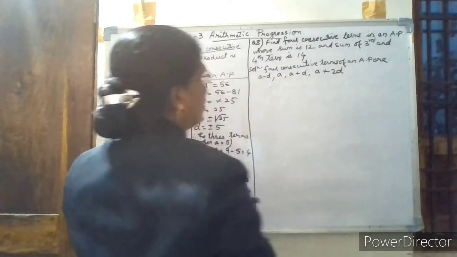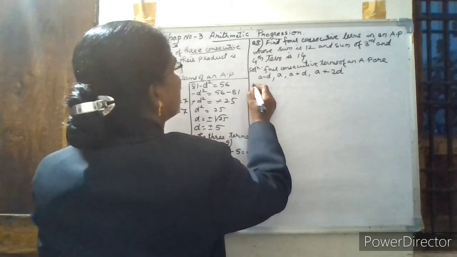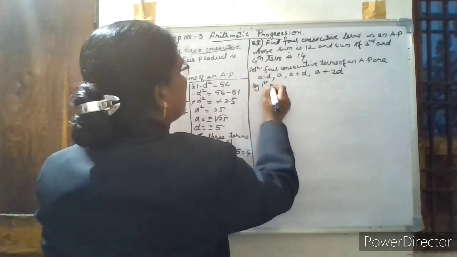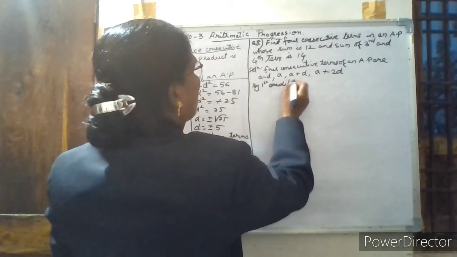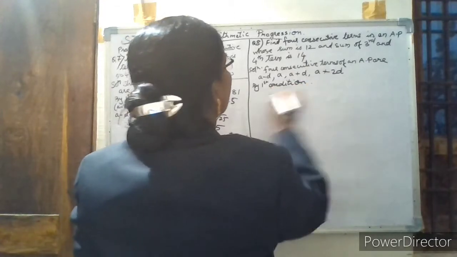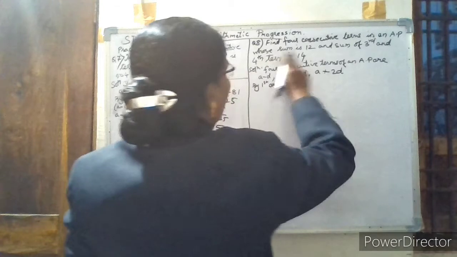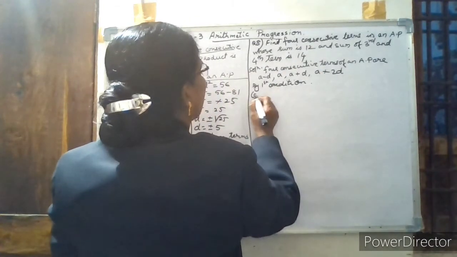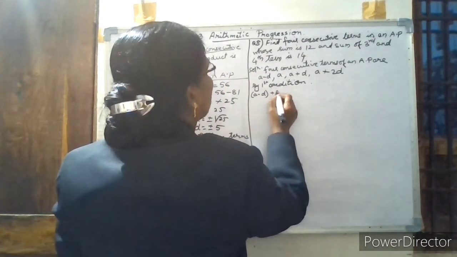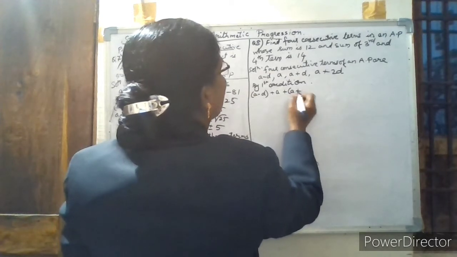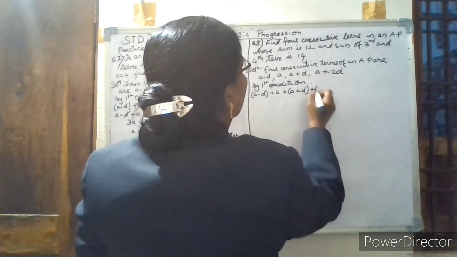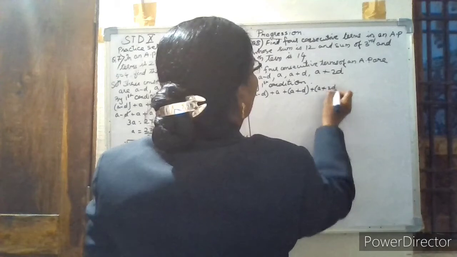So here by the first condition, the sum of all 4 terms of the AP is 12. So that is (a minus d) plus (a plus d) plus again (a plus 2d) is equal to 12.